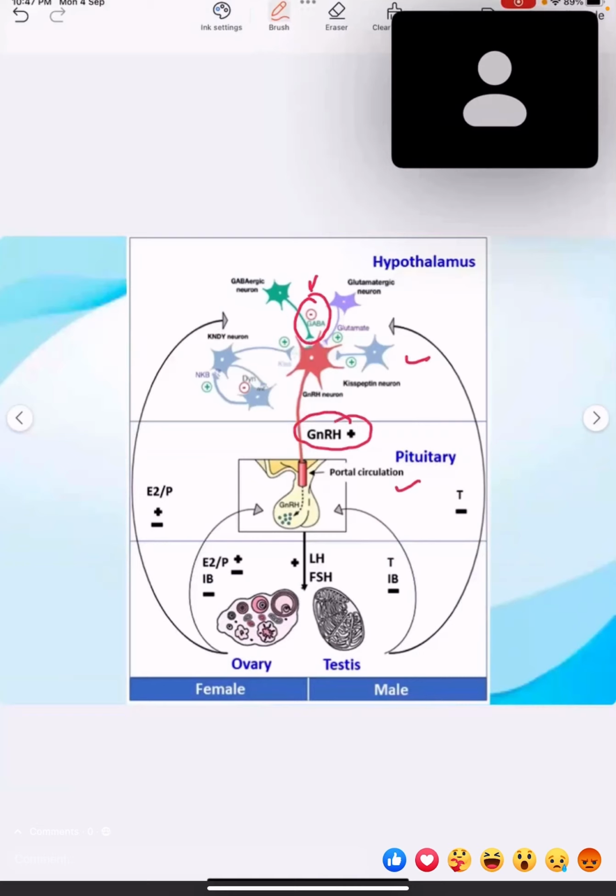GABA is inhibitory. When the time comes, at 9 years of age, this inhibitory hormone decreases, and the excitatory hormone, glutamate, increases. It is going to have a positive effect with the release of gonadotropin releasing hormone. We all know it is going to act here, here, here, and these hormones are produced.